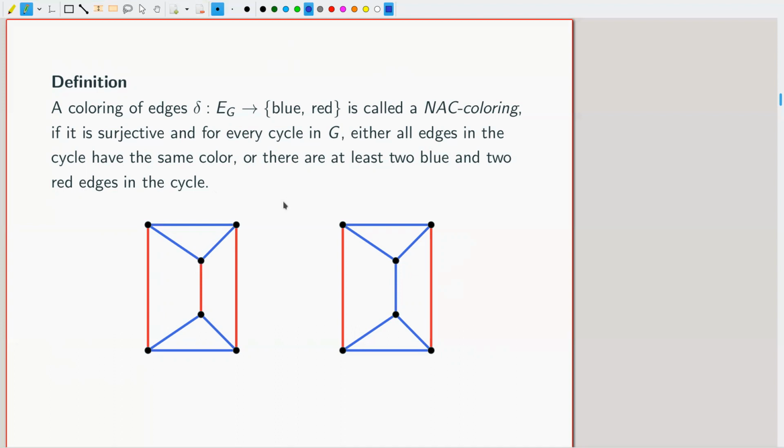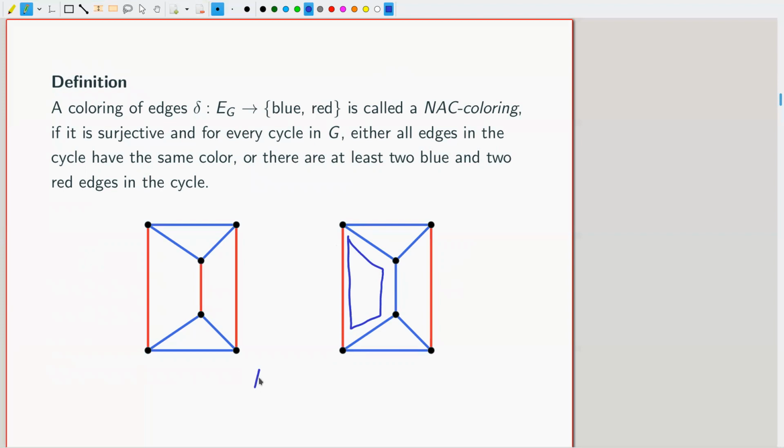So do you see which of the two is a NAC coloring and which is not? The left is a NAC coloring and the right is not. The right one is not, because if I look at this four-cycle, I have only one red edge and I have three blue edges.